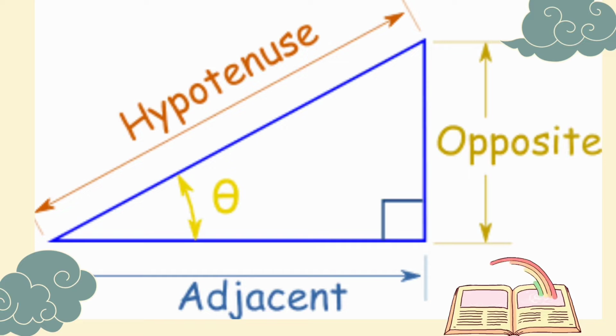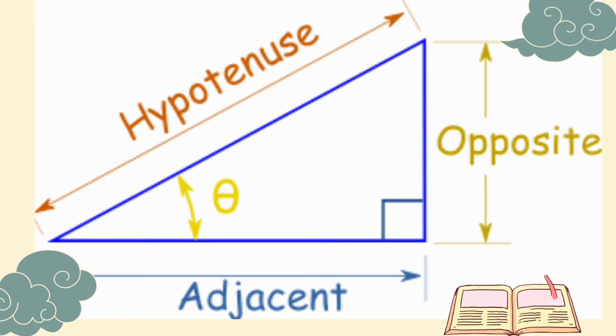A right-angled triangle has three sides, namely the hypotenuse, the opposite, and the adjacent. To identify the sides of a right-angled triangle, you must first identify the hypotenuse. The hypotenuse of a right-angled triangle is the longest side and the side that is opposite the right angle, which is 90 degrees. So the side that is opposite the right angle is the hypotenuse.